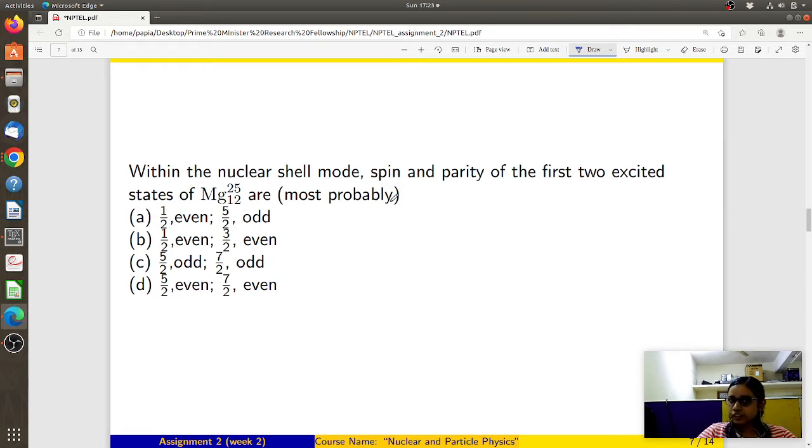As we already know, and I told you many times, we first have to write the shell model configuration, and after that we have to find the valence nucleon, which can give us the spin and parity of that nucleus.